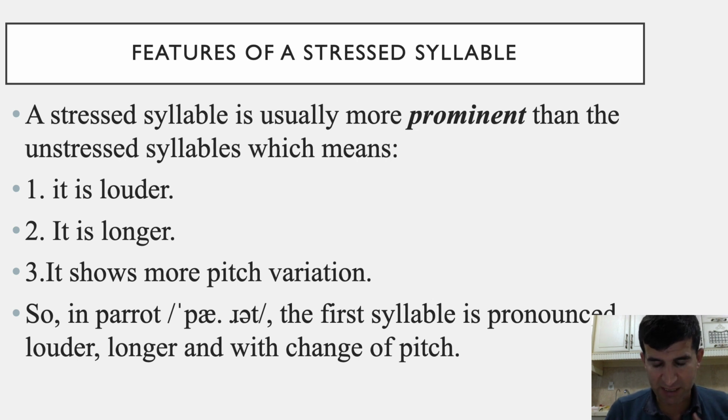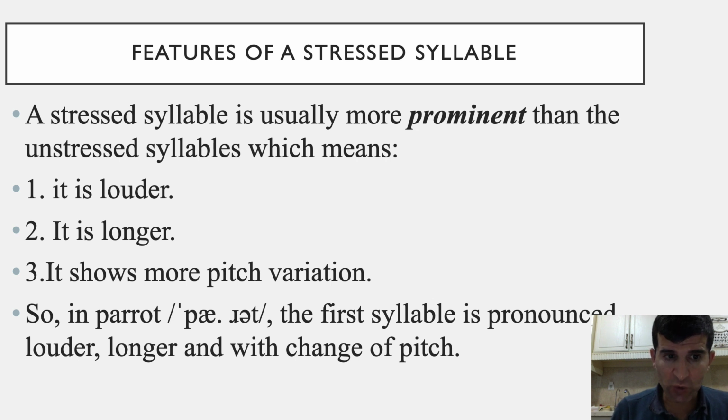Prominent means it's more visible, more influential. When we say it's prominent, it means it's louder. We pronounce it with a louder voice, while the unstressed syllables are quieter and calmer, but the stressed syllables are usually louder.